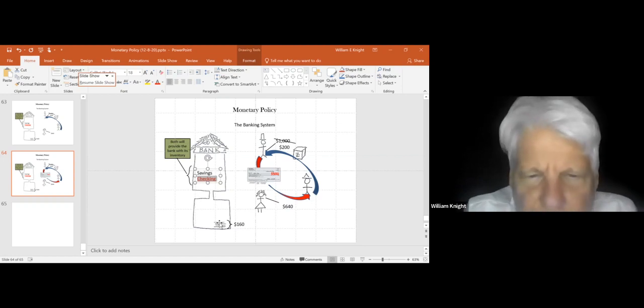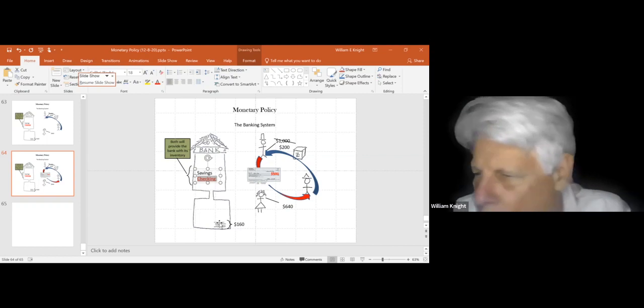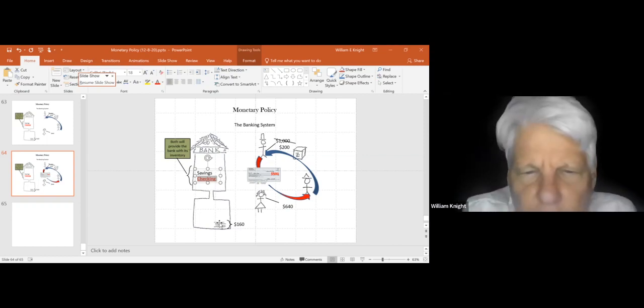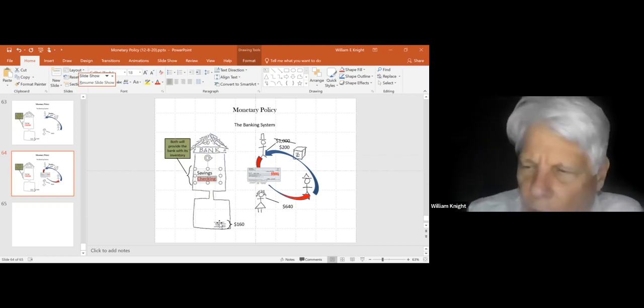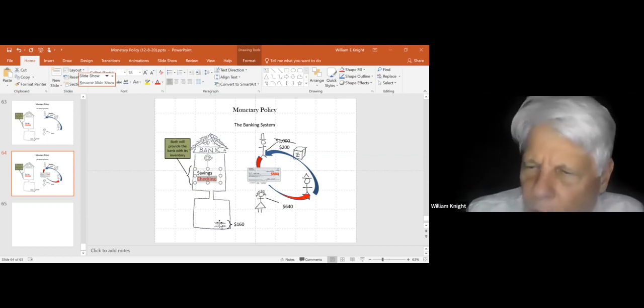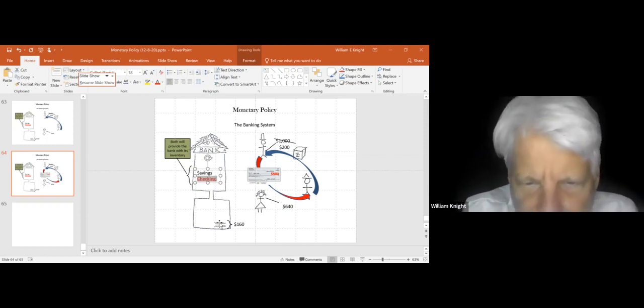We want banking institutions to be profitable because what we want is a private sector banking institution. We do not want the banking system to be run by government. Now, true, there is a Federal Reserve System, but overall, we want the banking system to be private. And that is so interest rates will adjust to the needs of the economy immediately.